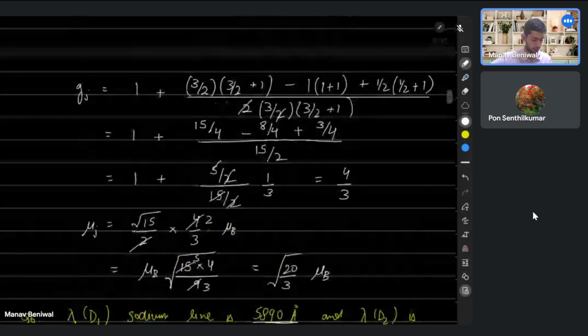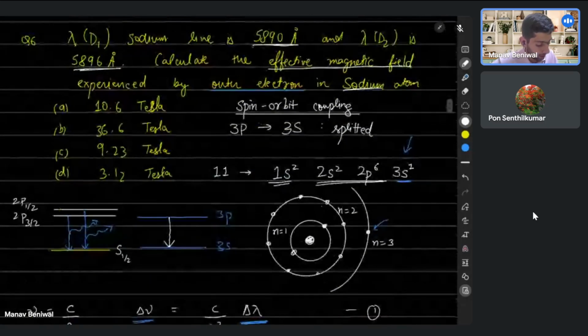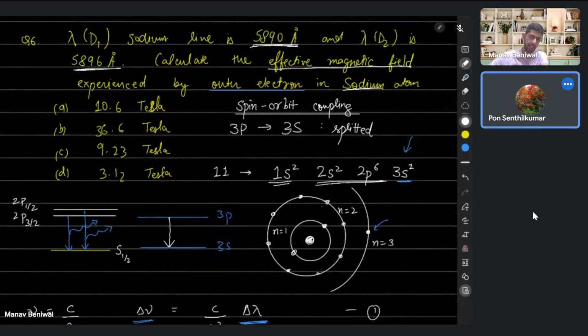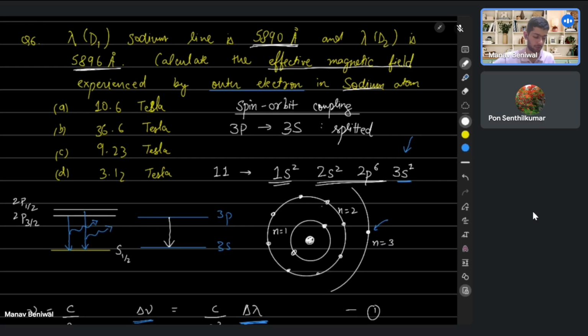If you see the question, we are given two wavelengths, 5890 and 5896. So we can put in any value, it won't change the answer by much. But what is better is to take the average of these two. So 90 and 96, the average will be 93, so 5893.